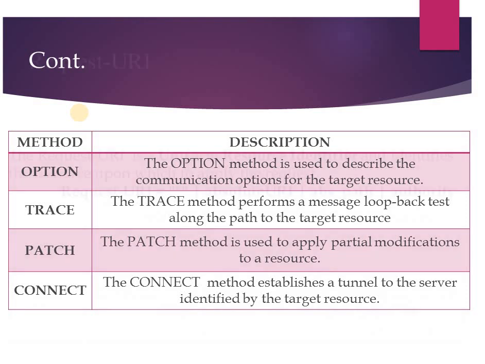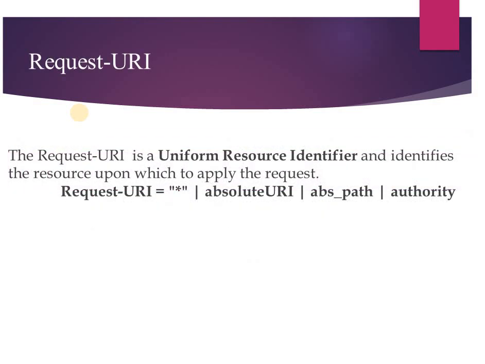So now after that, the request URI. What is the request URI? It is a uniform resource identifier and identifies a resource upon which to apply the request. Now if I am requesting something, your server, your search engine, will map your URI to your IP address.